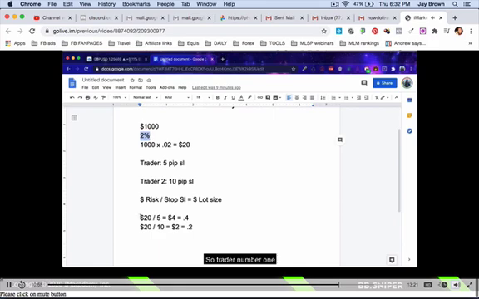So trader number 1 is actually going to compound their account a lot more quickly because they focused on that tight stop loss and the precise entry, versus trader number 2, it may take them a little bit longer to compound. So focus on your proper risk management, focus on that precision.